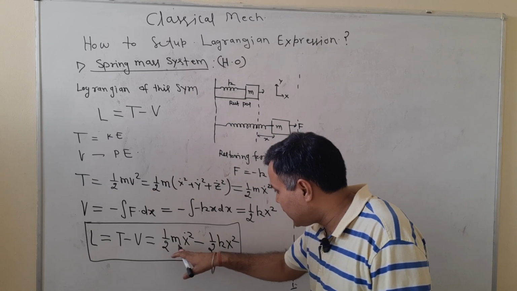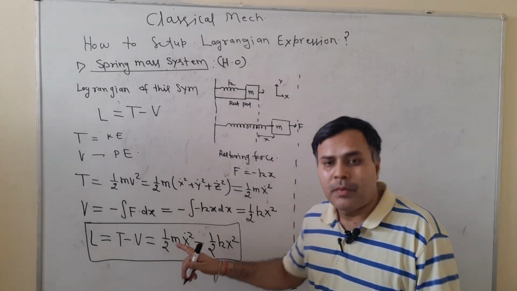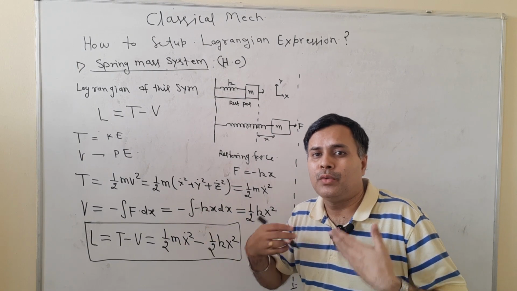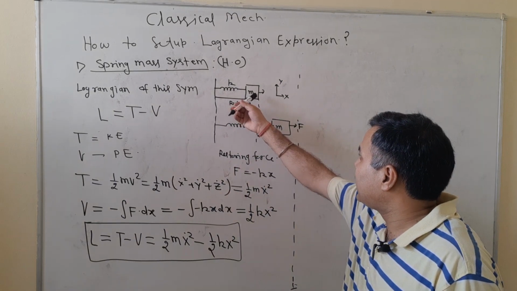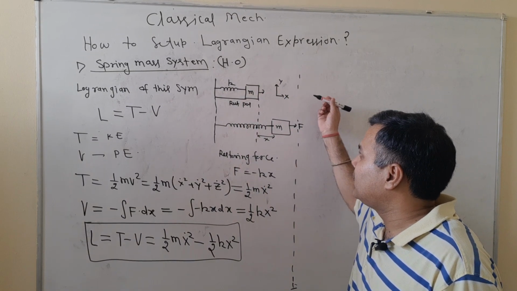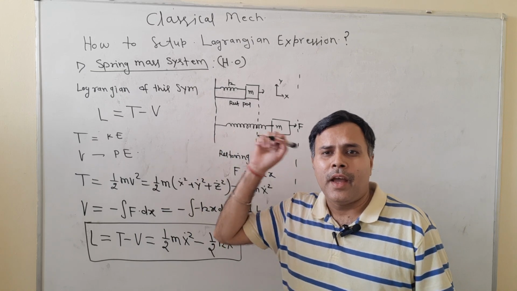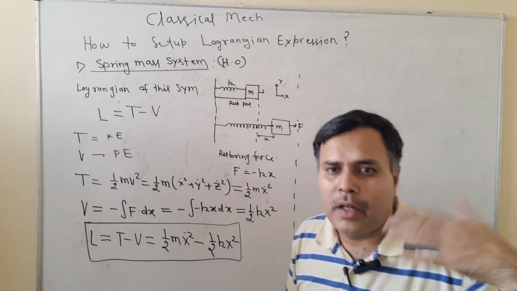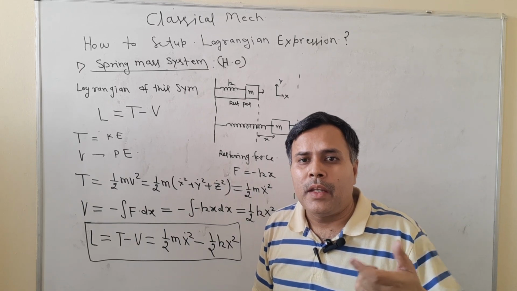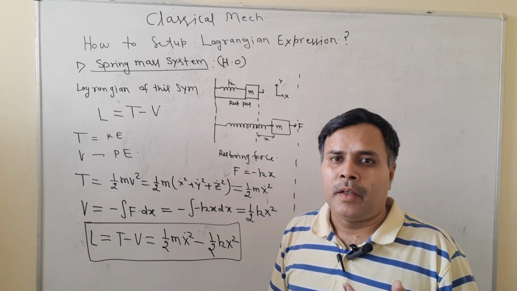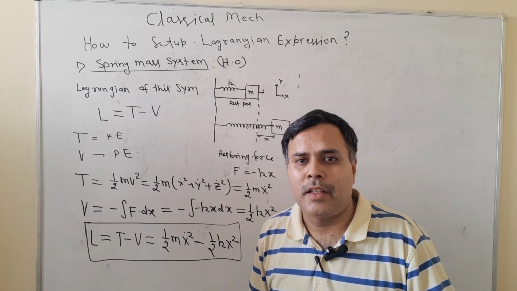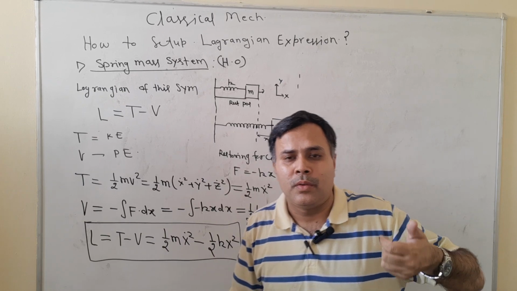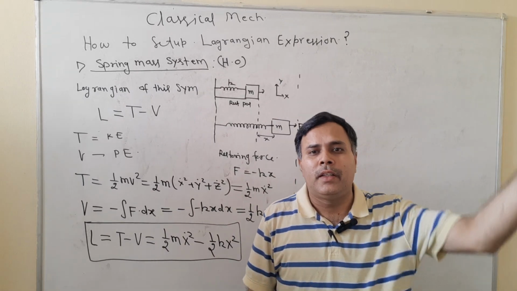In this Lagrangian we can see that there is only one generalized coordinate, that is x, and we can physically visualize this system also, because we are applying the force only along the x direction. So the motion is only along x, the independent motion. In classical mechanics, independent motion is a very important keyword. If there is a dependency, it means there is a constraint, and a constraint means a limitation, so there is no motion along that direction.